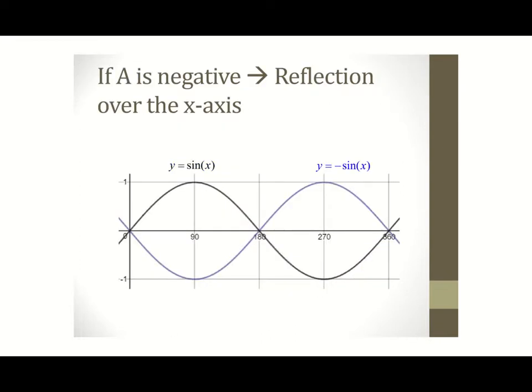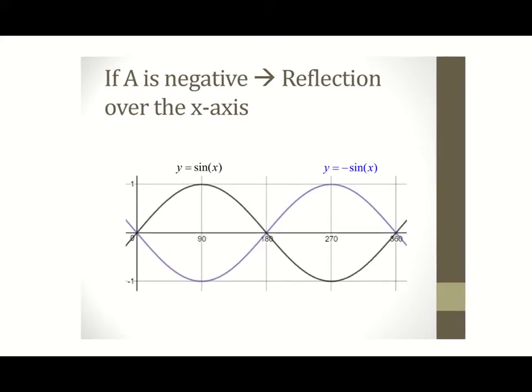What also goes along with amplitude is if it's positive, it's just our standard graph and we're stretching or compressing. If it's negative, however, it's a reflection over the x-axis. So we can see here in black we have sine of x, and then if we have negative sine of x, it flips it over our x-axis.